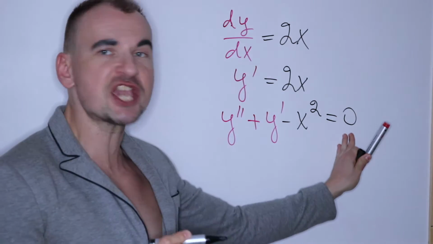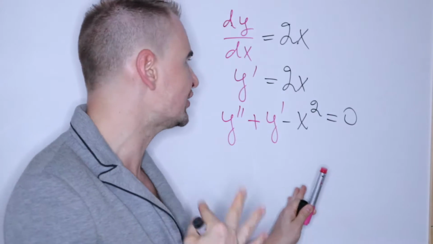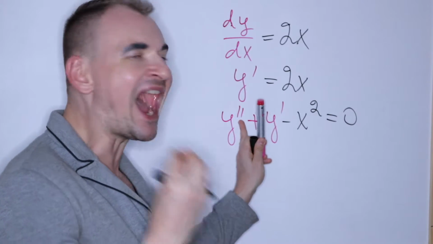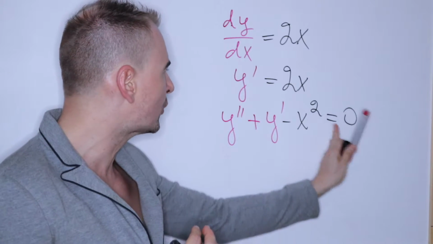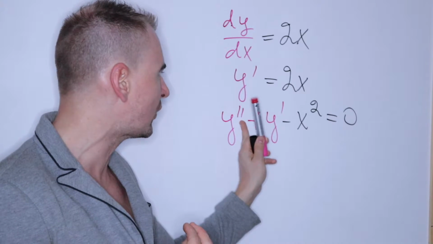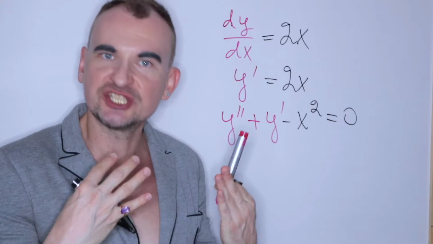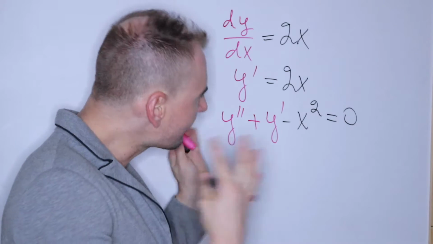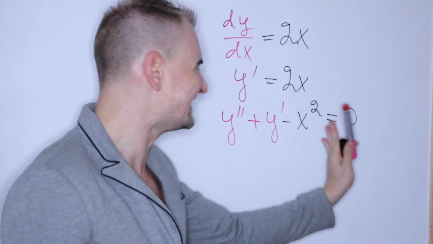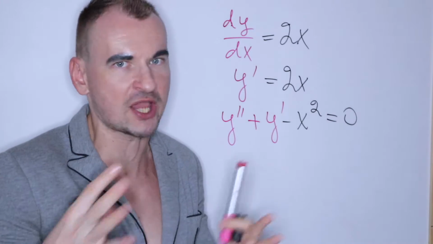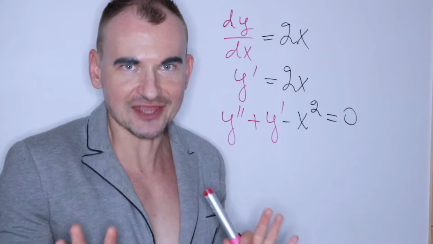This equation is considered a second order differential equation because the highest order of derivative in your equation is 2, since you have y double prime, the second derivative. Obviously there are other techniques for solving this class of equations. It's also completely another story.